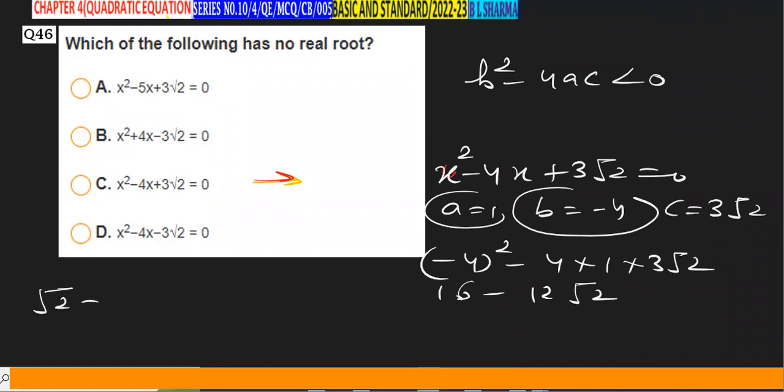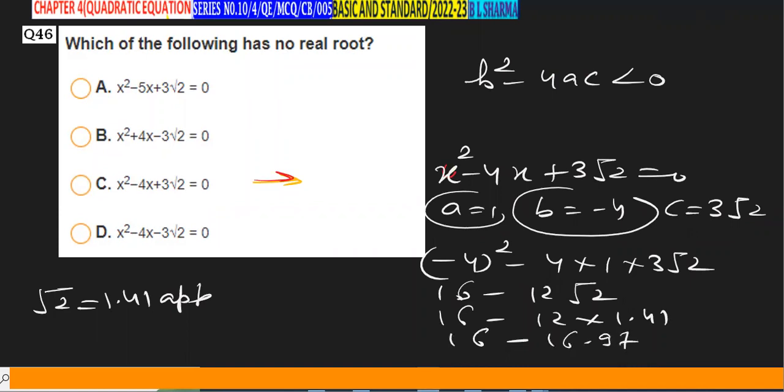We know that the value of root 2 is 1.41 approximately. So 16 minus 12 into 1.41, that is 16 minus 16.97, which is equal to minus 0.97. This is negative, so the discriminant is negative.